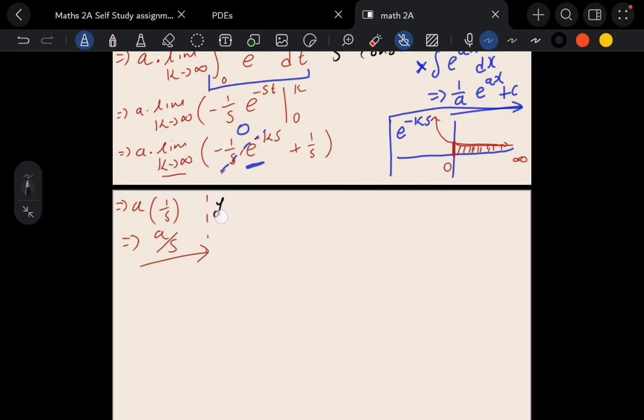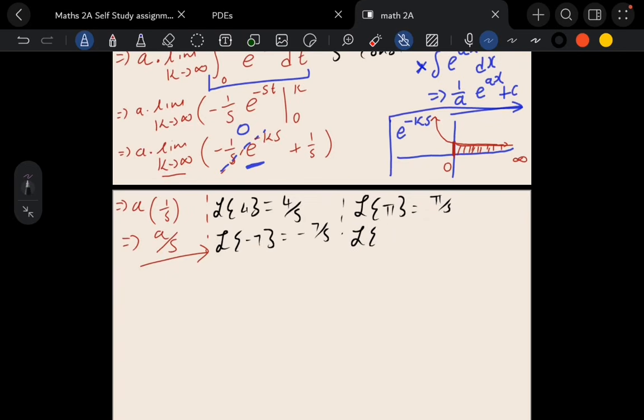So the Laplace transform of 4 is 4 over s. The Laplace transform of negative 7 is negative 7 over s. The Laplace transform of pi is pi over s.